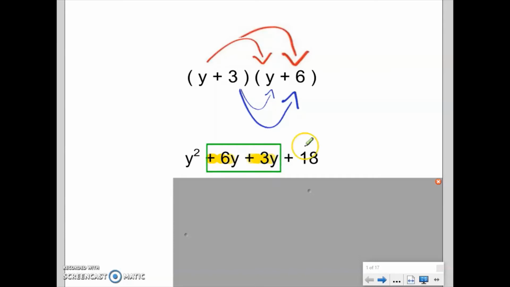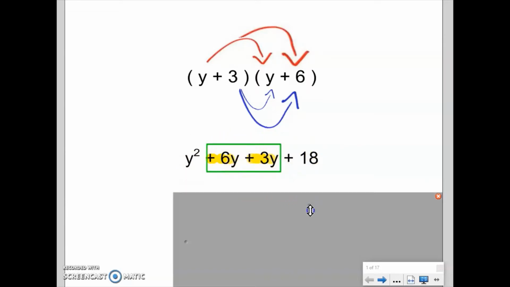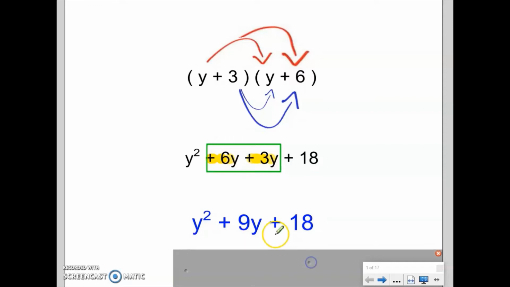So I can simplify my answer very slightly. There's nothing I can do with this y squared, nothing I can do with this 18, but I can add the 6y and the 3y together to give me 9y's. So this would be my expanded and simplified form.